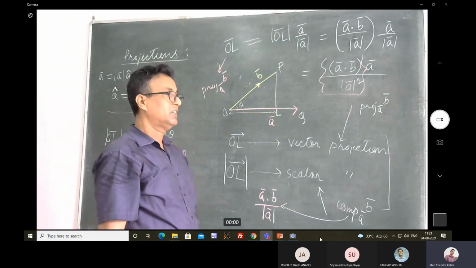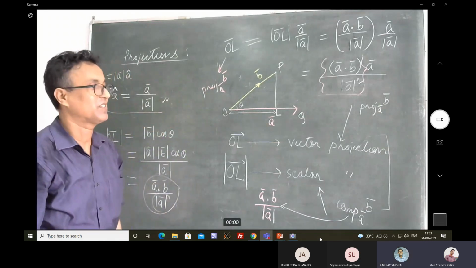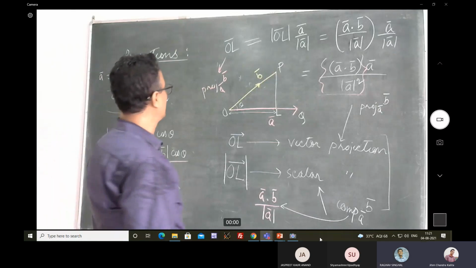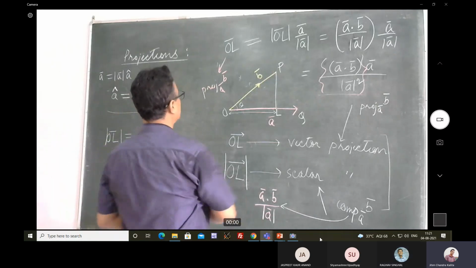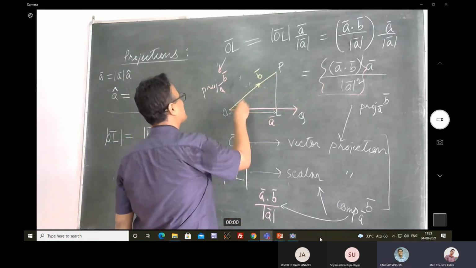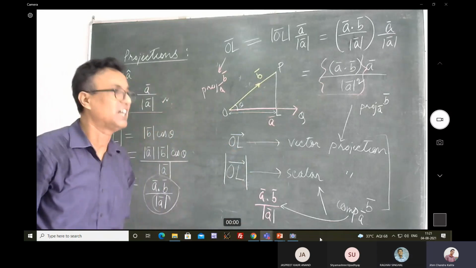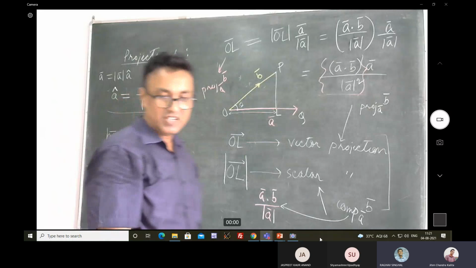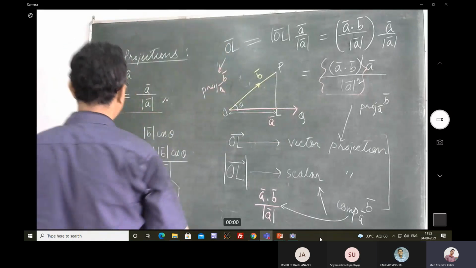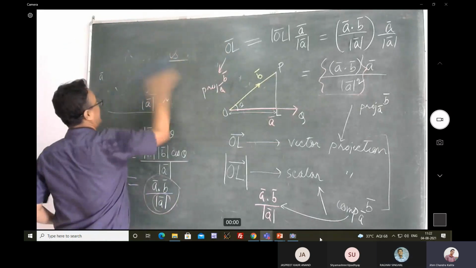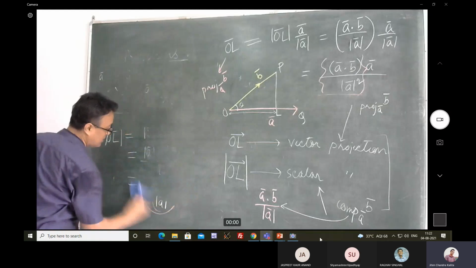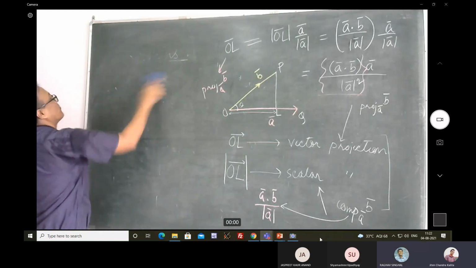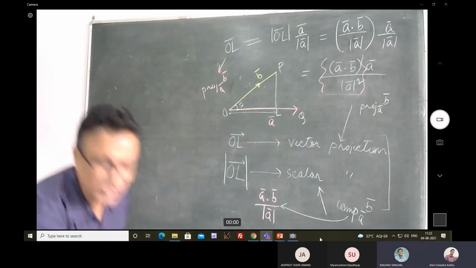Right? So now another thing I want to emphasize here. Here it was assumed that the angle theta was an acute angle, right? So what happens if the angle is obtuse? Exactly which length are you going to consider in order to find out the vector projection and scalar projection? This is very straightforward.